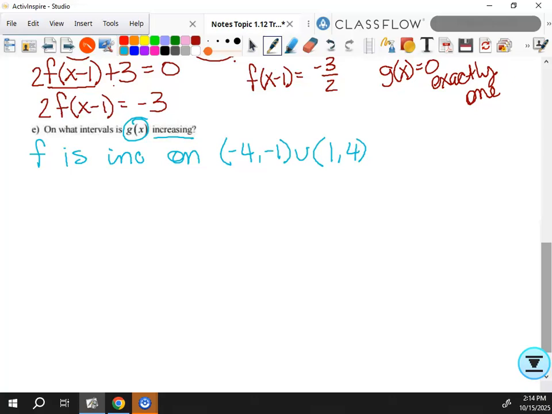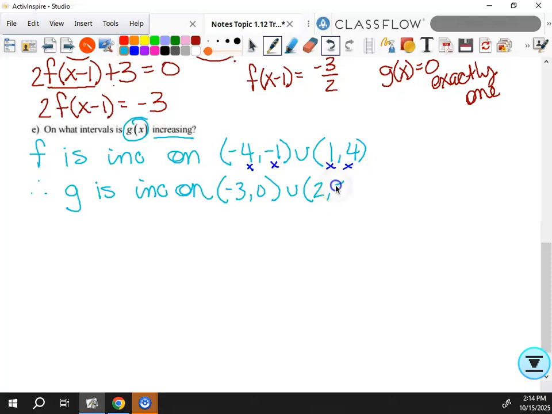And then because I know that, therefore g is increasing on, and again you ask yourself, are these x or y values? These are x values, because they look like ordered pairs. Don't go doing weird things. And all I do to x is what? Add 1. So it'll be -3 to 0, and 2 to 5.